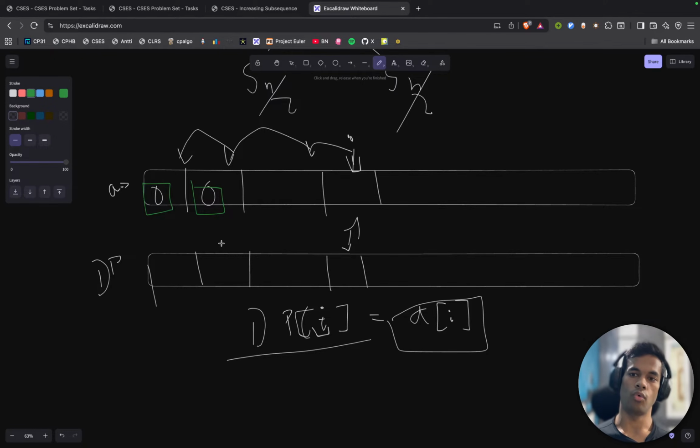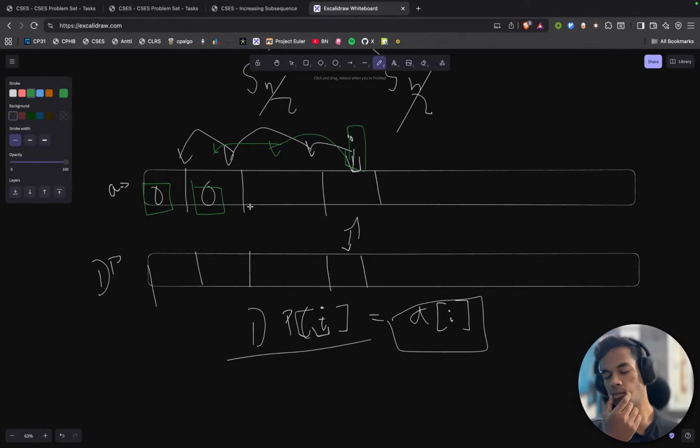But how? When I'm making my choice, when I'm pairing this current number up with some other number before, the only thing that matters is the value of that number, literally the number which it is. I will only be considering the numbers which are smaller than this number, and then among them which number has the highest value. That would be the thing that I'm looking for.